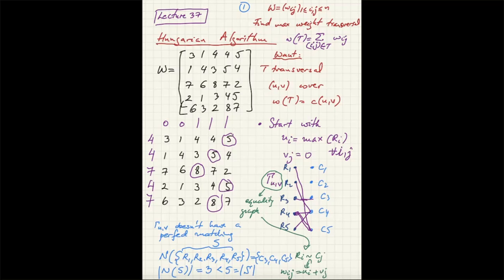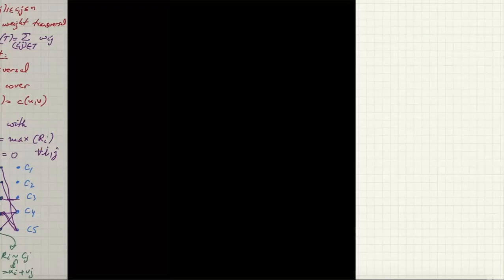So let's put it here, 2. So I have 4, 4, 7, 4, 7, and on the top I have 0, 0, 1, 1.